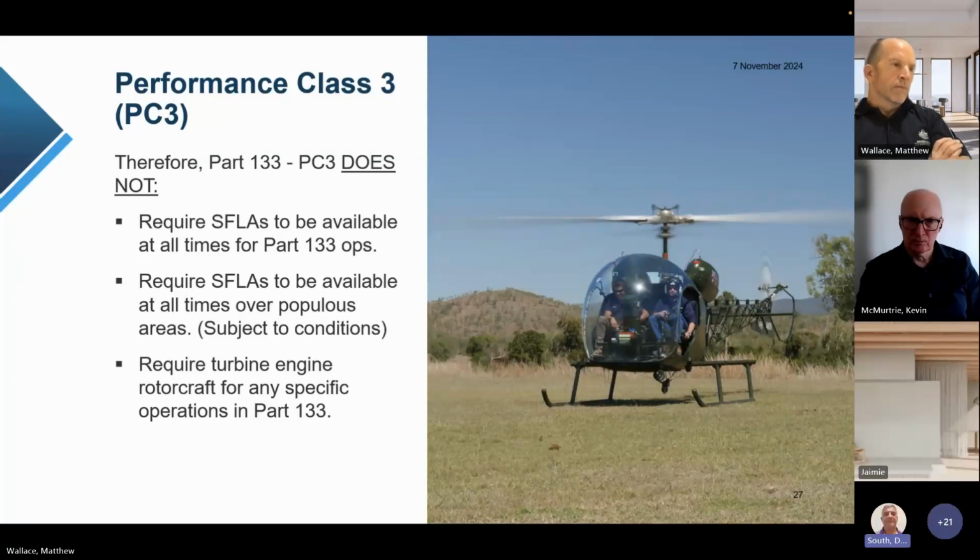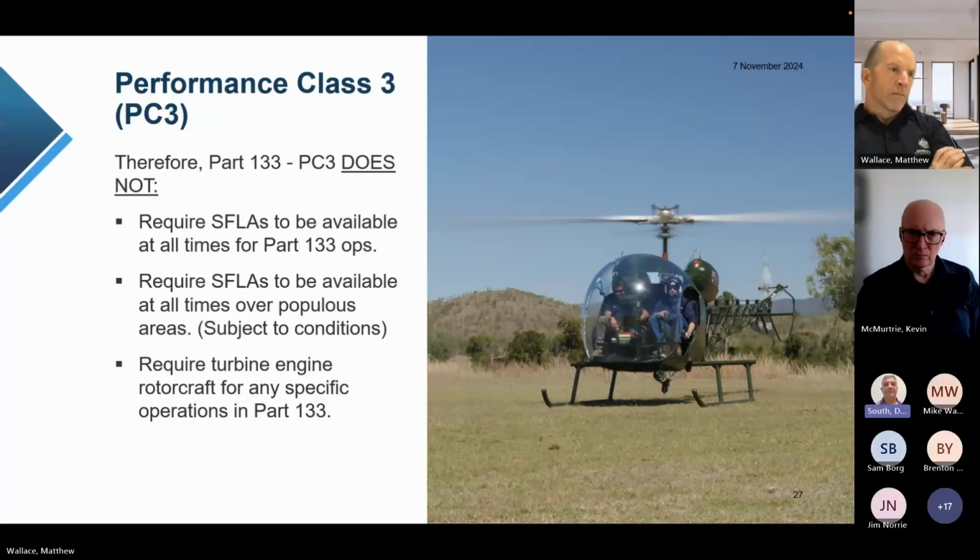Yeah, the compliance requirement in the MOS is performance-based. Therefore, to actually understand it, you have to read the head of power, which is Regulation 133.340. Regulation 133.340 talks about doing things when suitable forced landing areas are not available. So the provision in the MOS cannot disagree with the regulation that is its head of power.